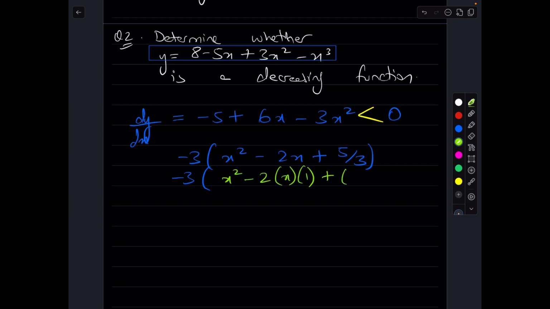So plus b squared, and this is one part. So how about I enclose this in brackets here and convert this to square brackets here, and as a result of introducing this 1 squared, I'll have 1 squared outside and this plus 5 over 3 as it is.